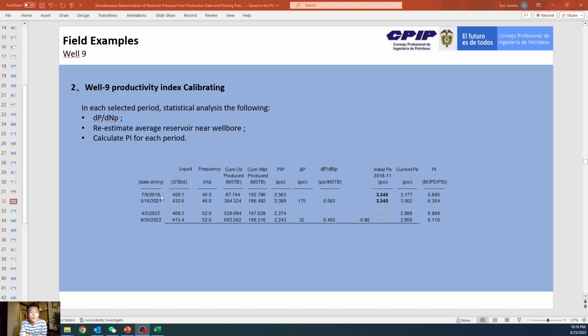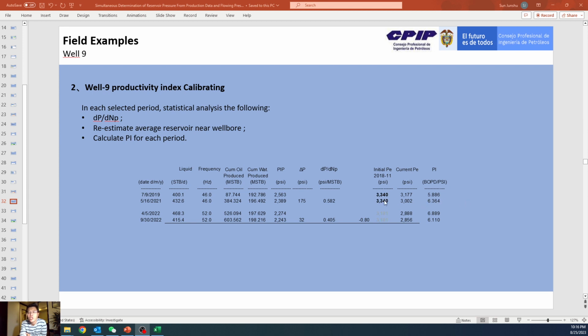From 2019 to 2021, the delta P of the intake pressure is 175 psi. Delta P per delta cumulative production is 0.582 psi per 1,000 barrels.